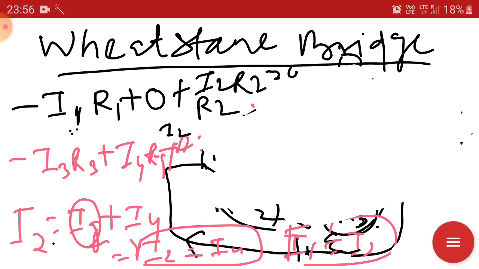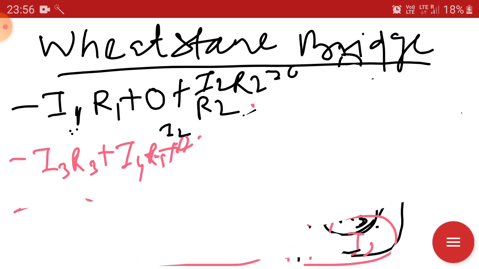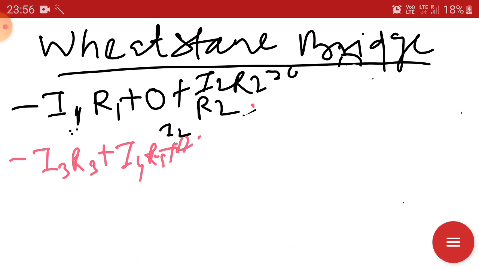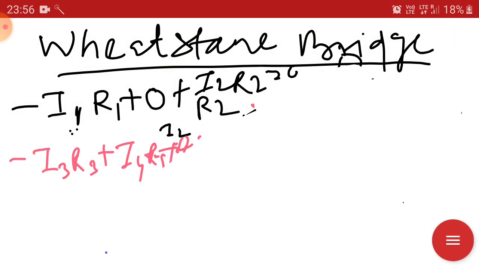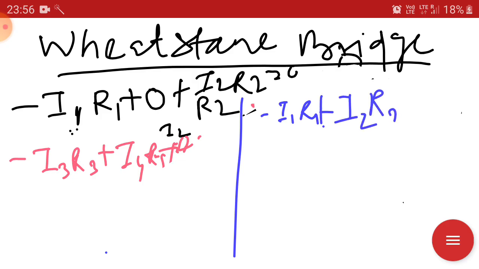So now what are the equations I have with me? One is minus I1 R1 plus I2 R2 is equal to 0.